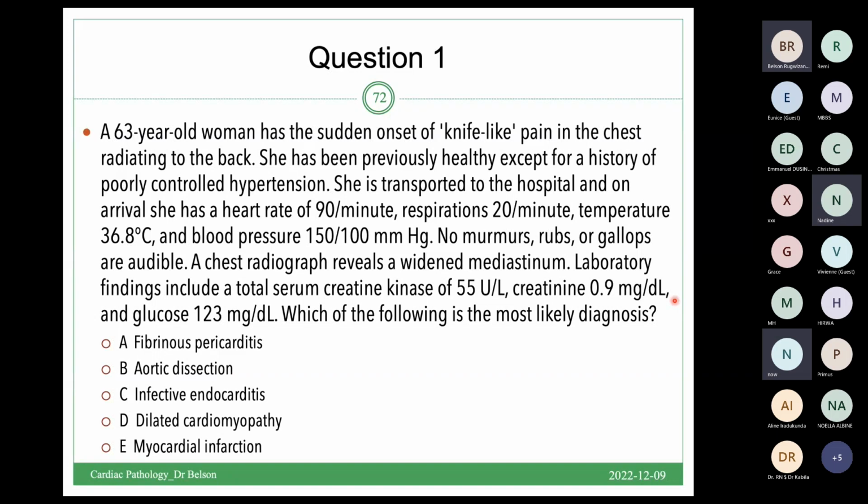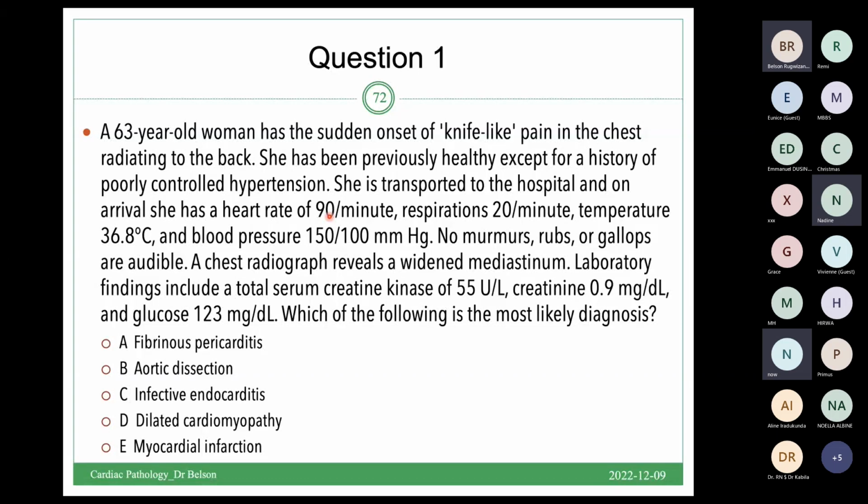Respiration 20 per minute, almost normal. Temperature normal, and the blood pressure, you see that it is slightly increased. Okay, she is an older adult, but normal is 140 over 90, it is the upper limit, but as a person ages this systolic can go up. No murmurs, no rubs, no gallops are audible.